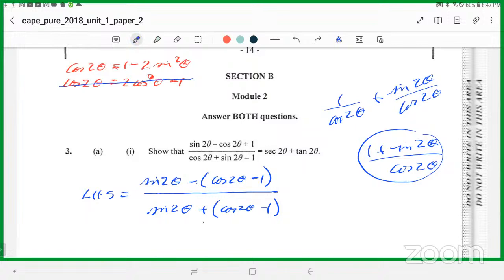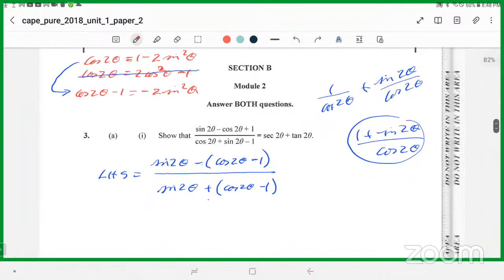So what I'm going to do is take this now and recognize that cos 2 theta minus 1 is the same as minus 2 sine squared theta. That's what I'm going to be using to get rid of the ones. So this, I'm going to replace with this, and this, I'm going to replace with the same thing.